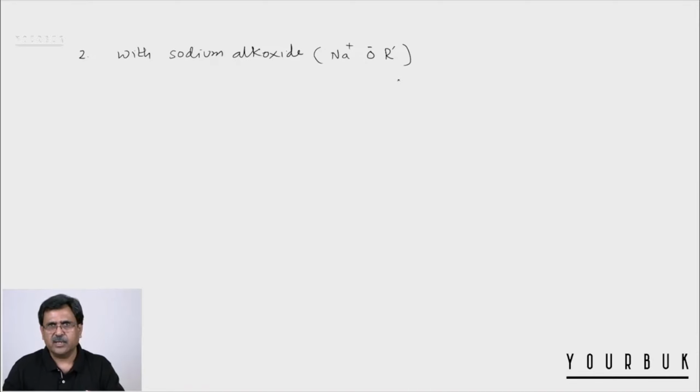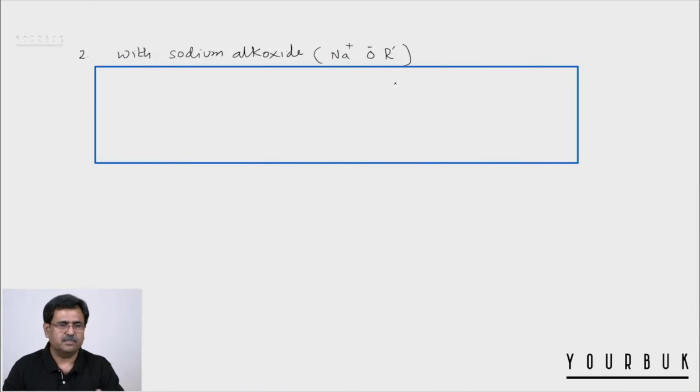I am writing R dash here. This R dash can be the same as the alkyl group of haloalkane, or it can be different also. So we are reacting haloalkane with sodium alkoxide, Na plus OR dash. It gives ROR dash plus NaX.